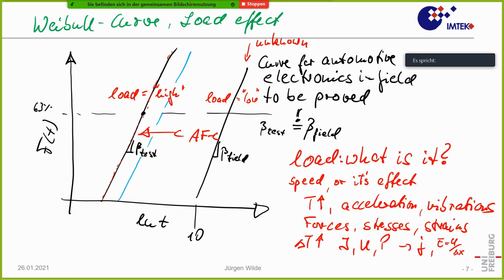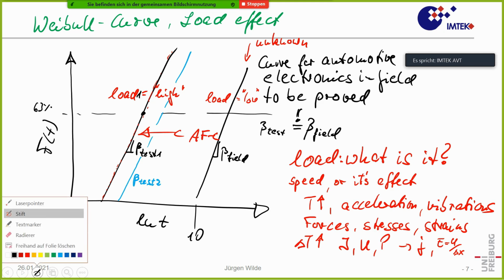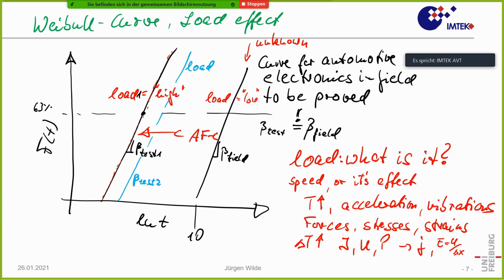You do tests at several conditions which are close together, and from these tests, like from the left black curve and the blue curve, you get parameters like the activation energy.